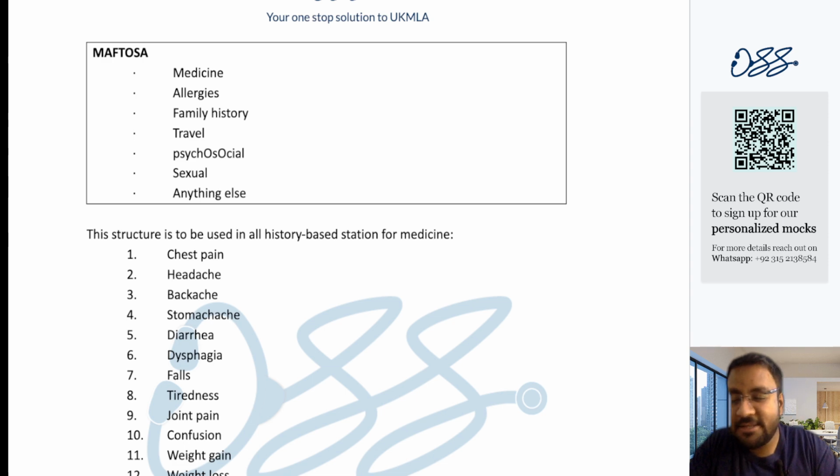There are two different reasons why you may ask about allergies. Number one, the complaint the patient is presenting with may be related to an allergy.